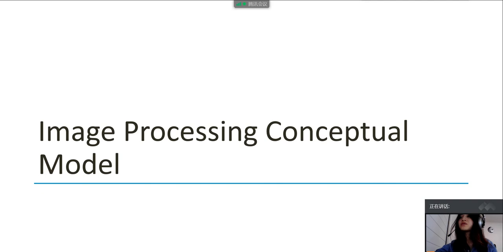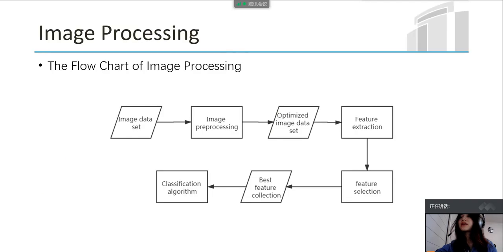The field of image classification based on machine learning methods is becoming mature. The computer distinguishes different kinds of objects through different image information of different feature depth. The image processing conceptual model is shown in the picture.